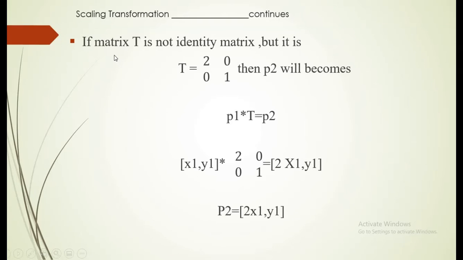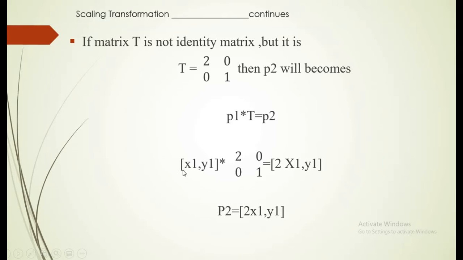If the matrix T is not an identity matrix, but the matrix T is equal to 2 0 in the first row and 0 1 in the next row, then P2 will become P1 into T, that is (x1, y1) multiplied by the T matrix, and we get (2x1, y1).